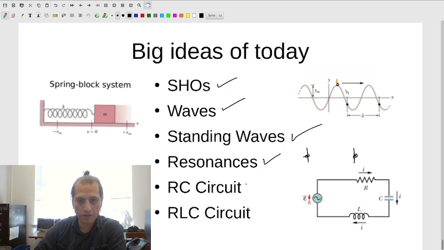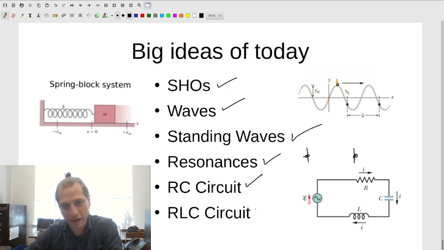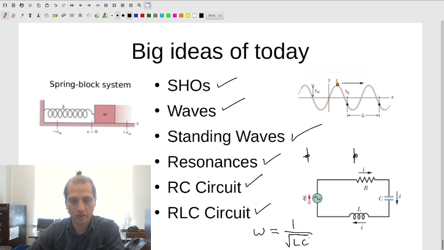We've talked about the LC circuit, which is essentially like the spring block system except with an inductor and a capacitor. And we talked about the RLC circuit, where you put in an external voltage, which also has the resonance at the same position where you would get the oscillation frequency for the LC circuit.